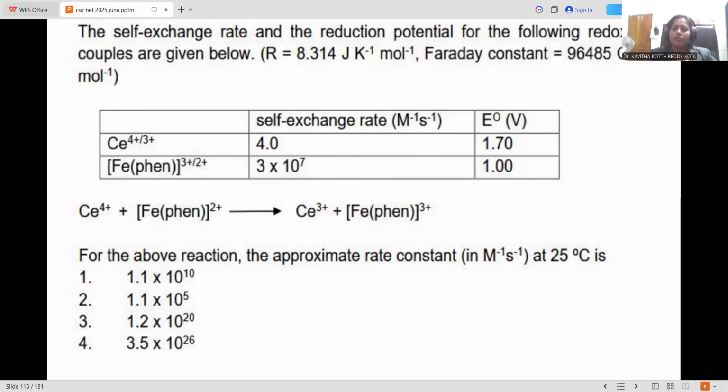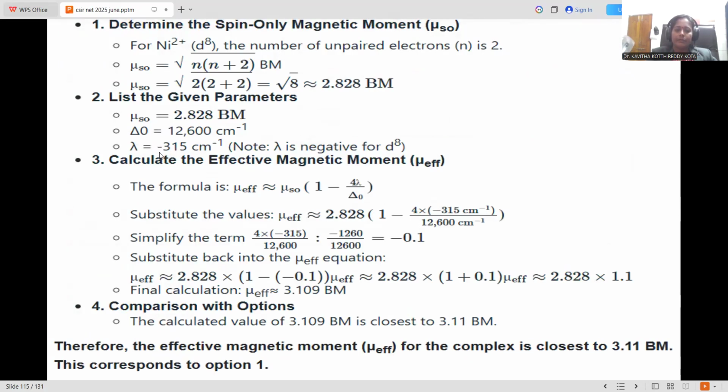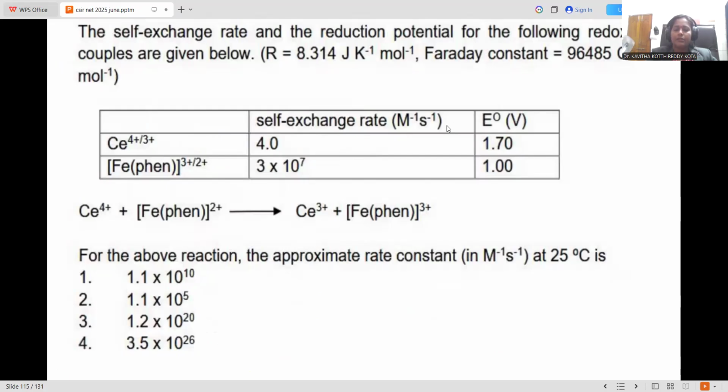The Faraday constant is also a constant, 96,485 coulombs per mole, right? This is the problem we are discussing. The self-exchange rate in mole inverse second inverse is provided, and the standard electrode potential values in volts are provided.